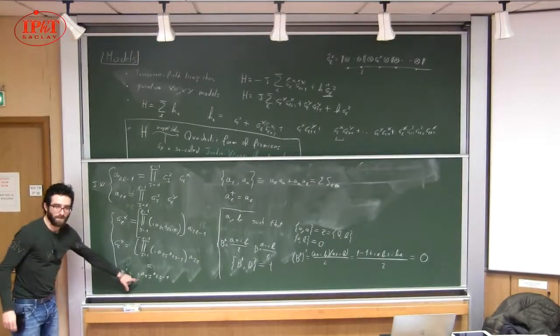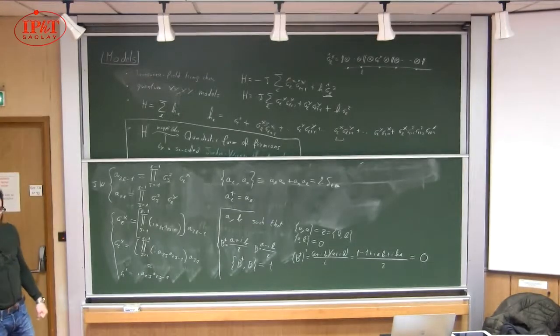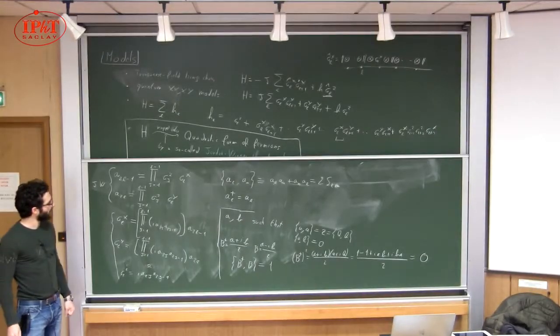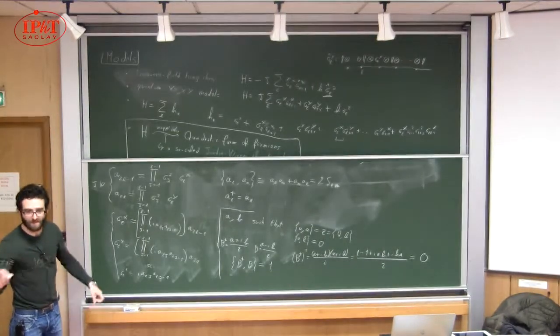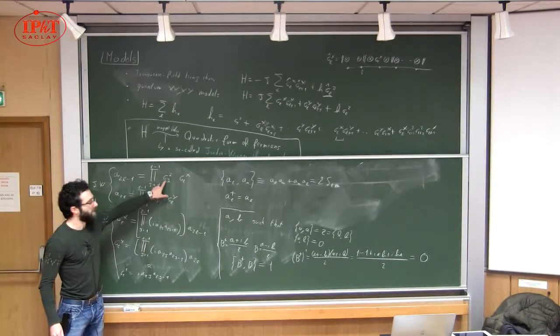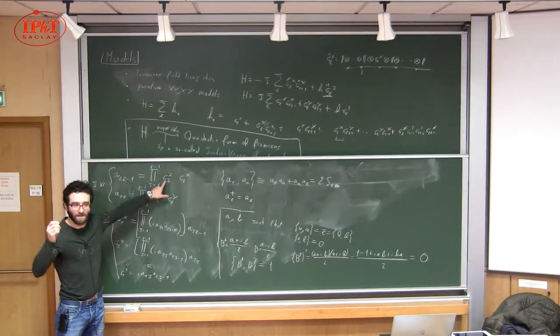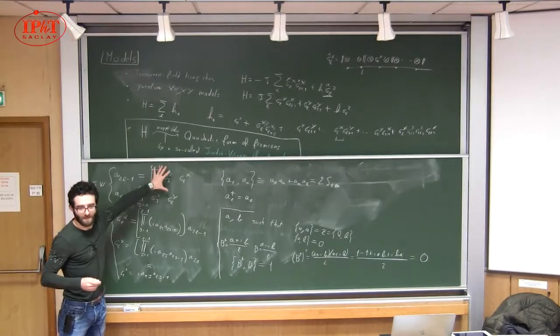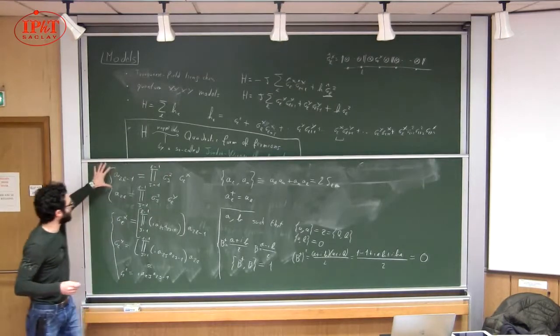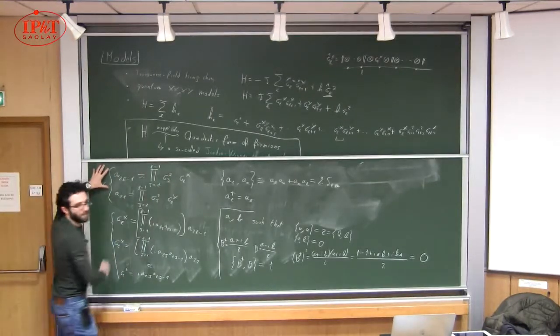So given this, how can you prove it? This is very simple, because a Pauli matrix squared is equal to the identity. So it means that the inverse of this operator is the operator itself. When you multiply by this operator, you find sigma x.